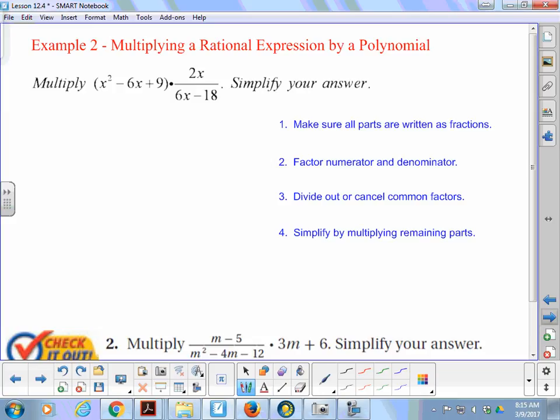Or if we have a polynomial, so in here we have a trinomial, x squared minus 6x plus 9 times a rational expression of 2x over 6x minus 18.